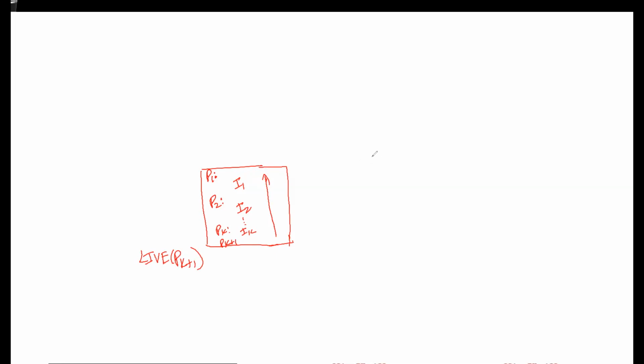But let's say what happens if we go beyond basic blocks. So let's say we have another basic block here, and then we have another basic block here. Let's call this basic block B1, this is B2, this is B3.